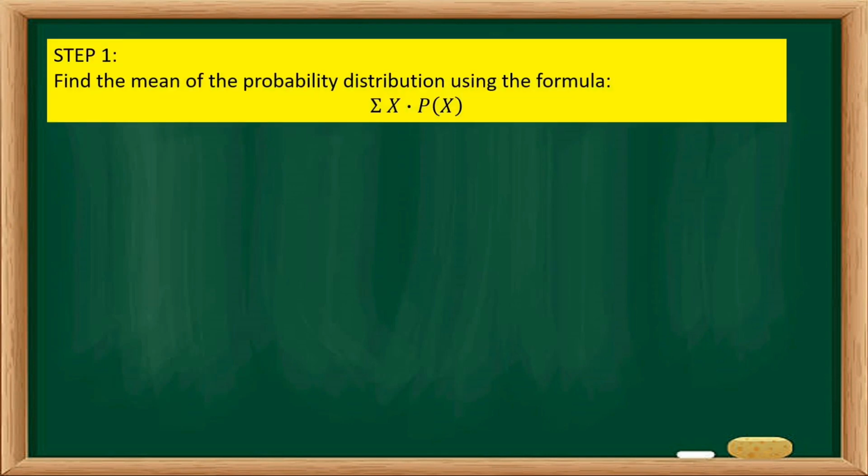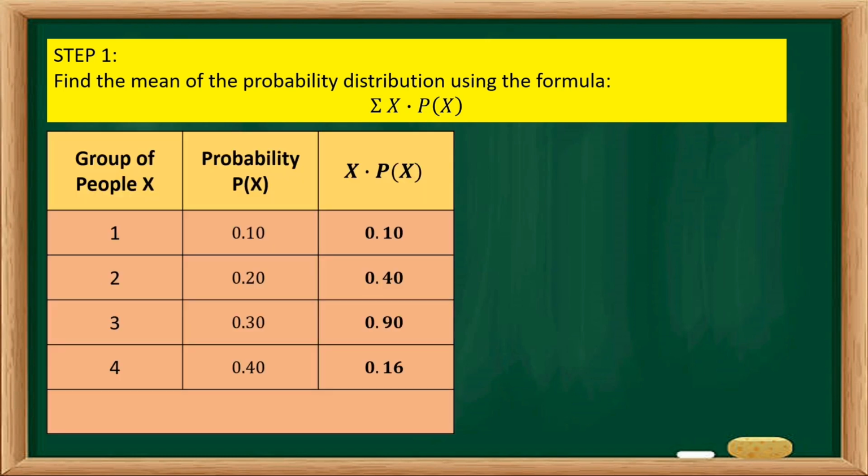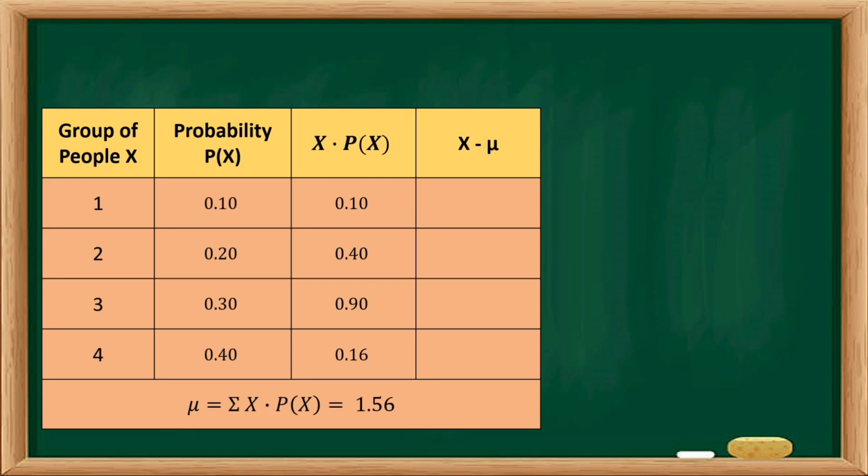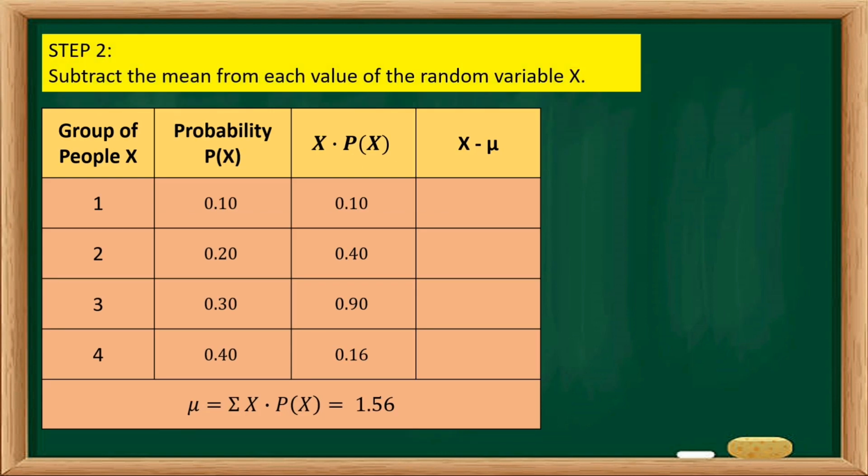In solving the problem, let's follow the steps. Step 1. Find the mean of the probability distribution using the formula: summation of x multiplied by P of x, wherein the mean of the probability distribution is 1.56.